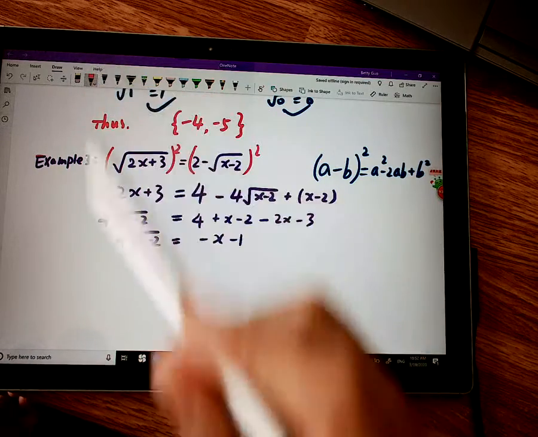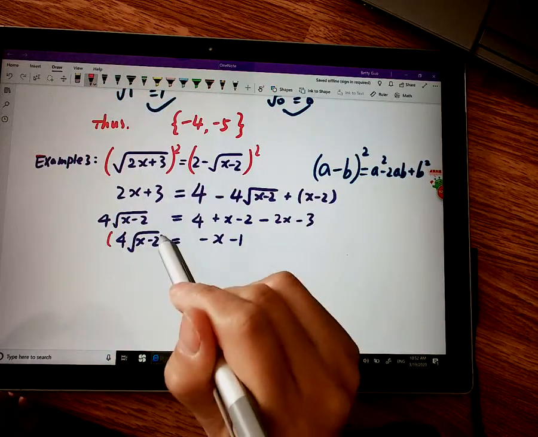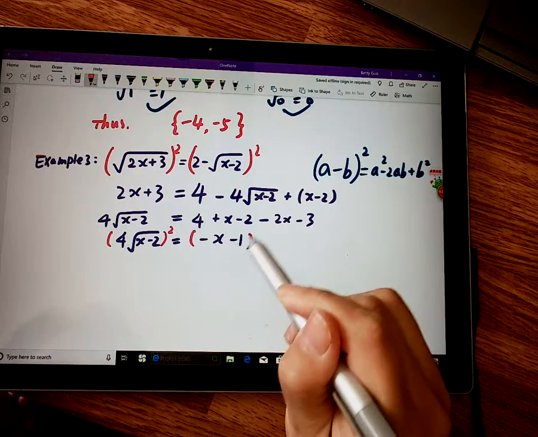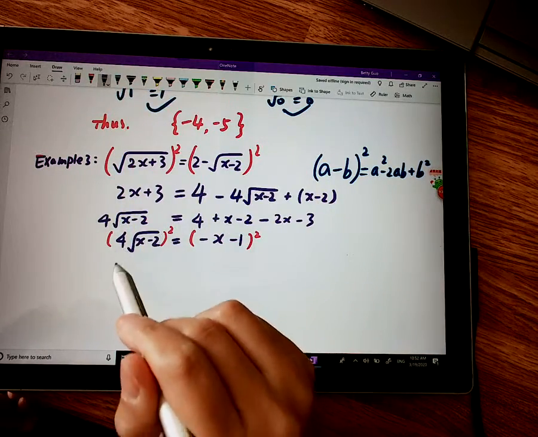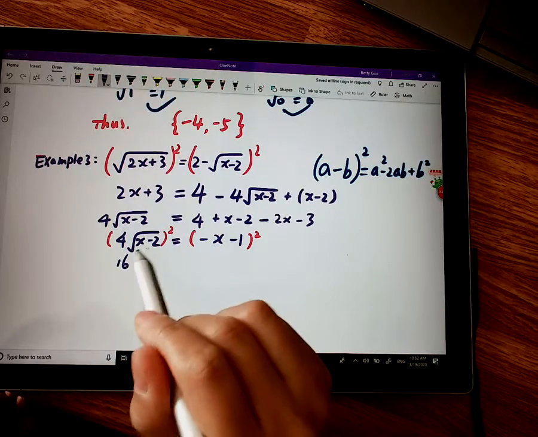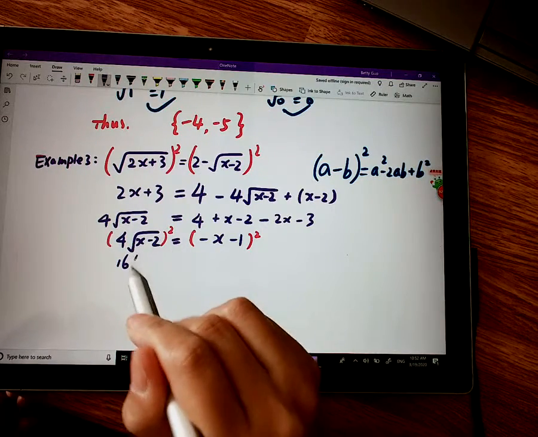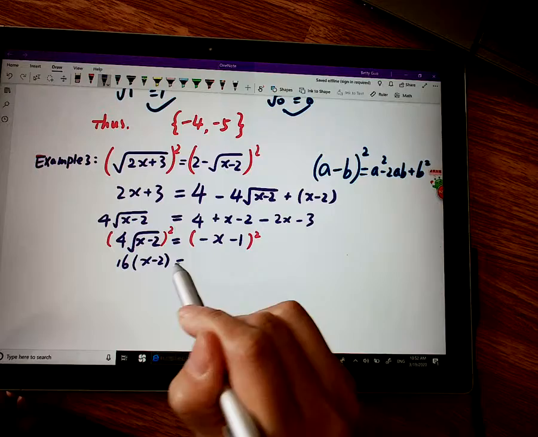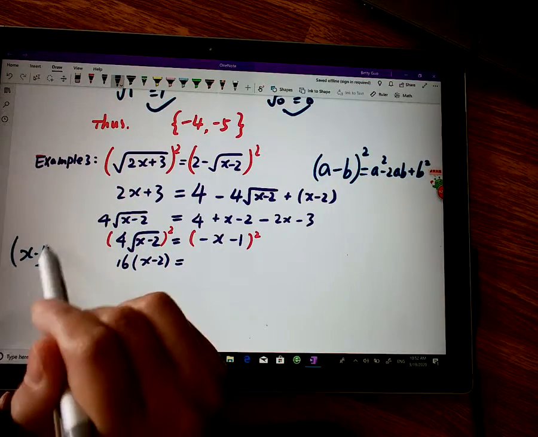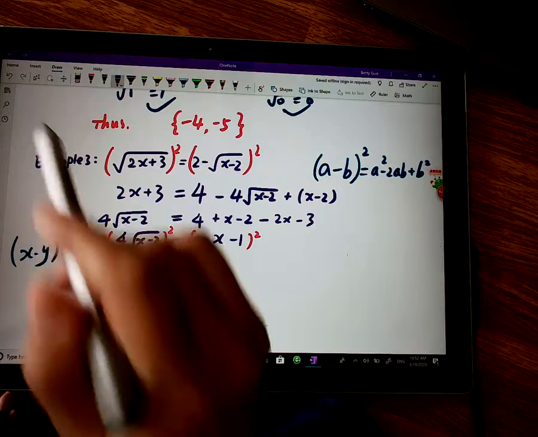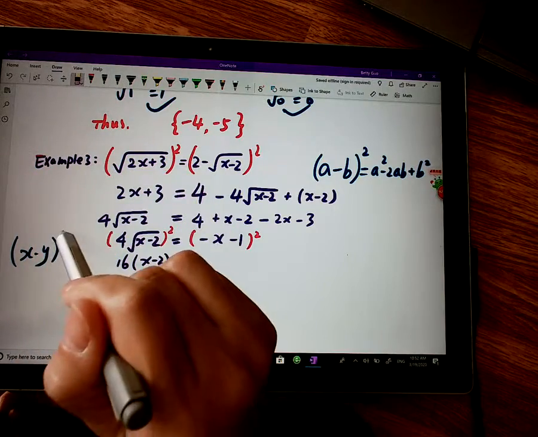We're going to repeat step 1 and step 2 in the guideline. We raise both sides to the power of 2. Square of 4 is 16. Square of the radical is x minus 2. Here, I actually applied a formula that you have learned from Algebra 1.